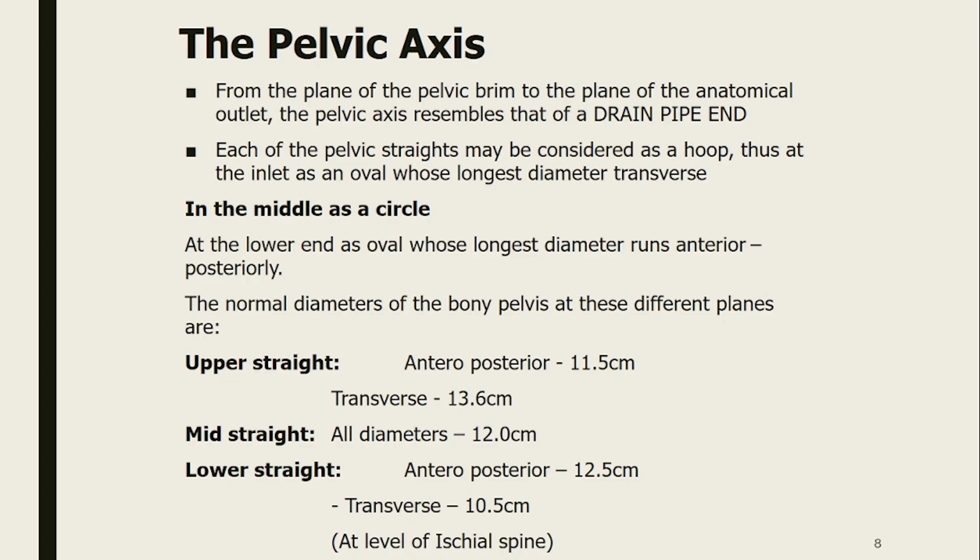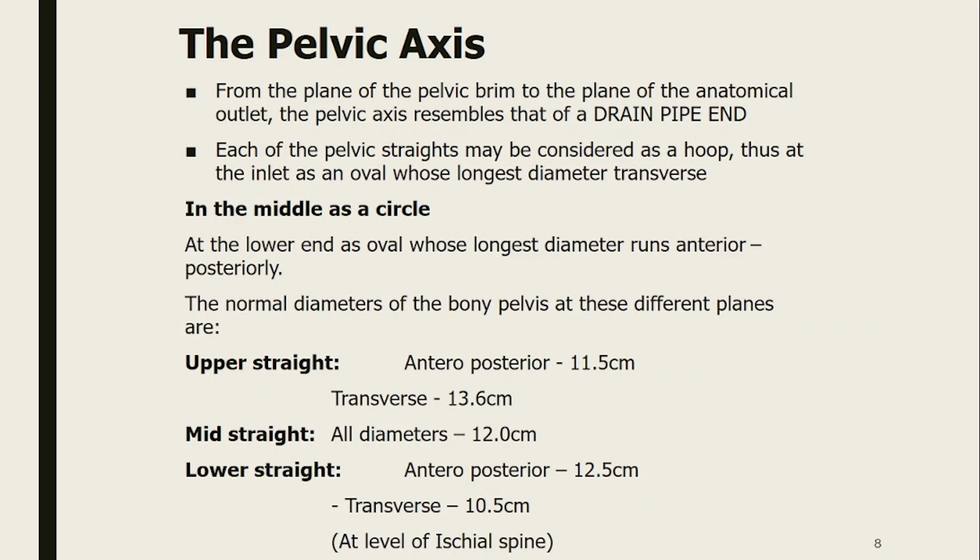As it descends into the middle of the pelvis, where all the diameters are 12.0 centimeters, it comes down. And with further descent, when the head is about to come out of the pelvis, the anterior-posterior diameter is larger than the transverse diameter. So the head of the baby now occupies the anterior-posterior diameter in a bid to come out anytime. That's why you need to note these dimensions very well.